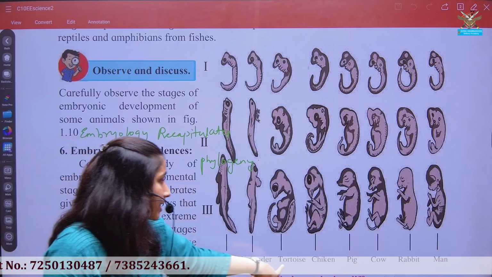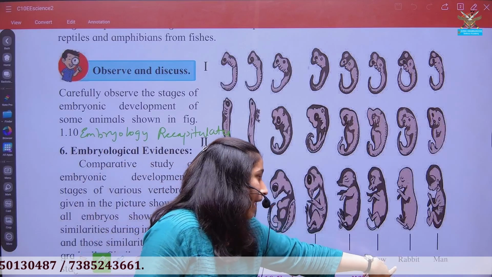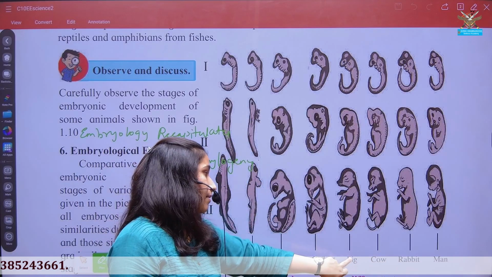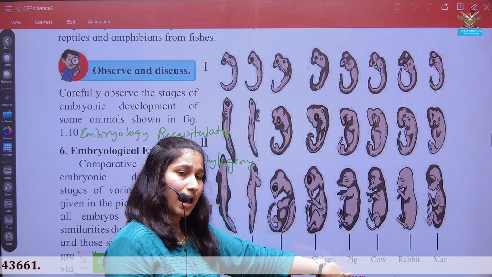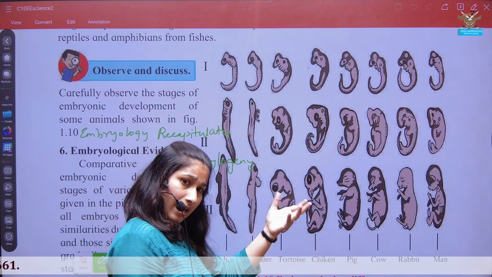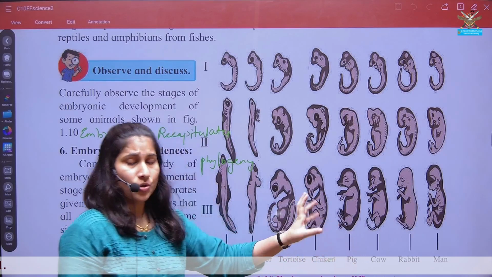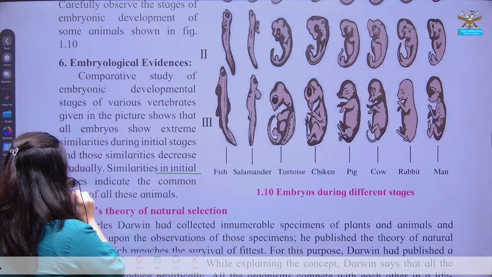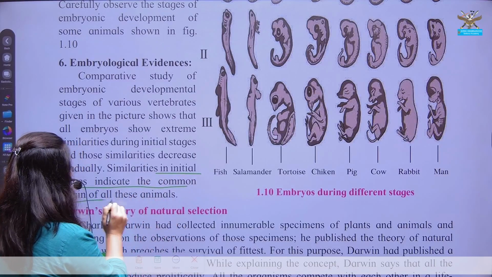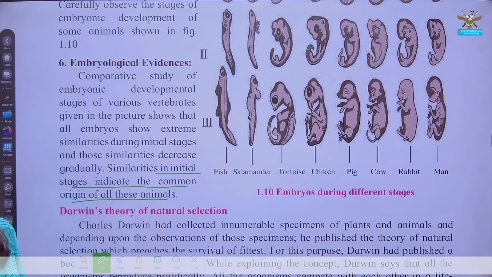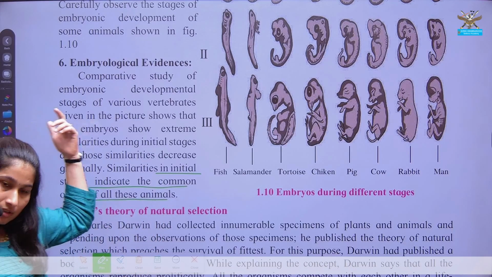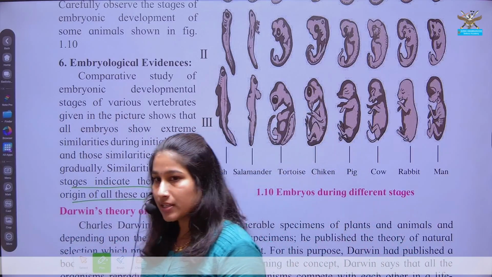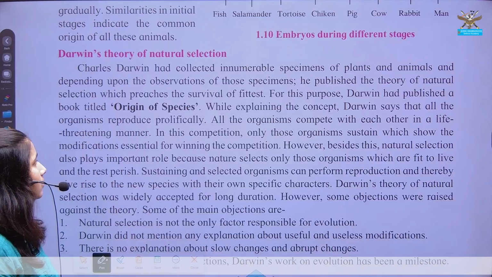But when you see the final ones, man, rabbit, cow, pig, chicken, these are all terrestrial living habitats. Chicken is showing the aerial mode of habitat, right? In initial stages, it indicates the common origin of all organisms. That's why I have said that embryology recapitulates the phylogeny.